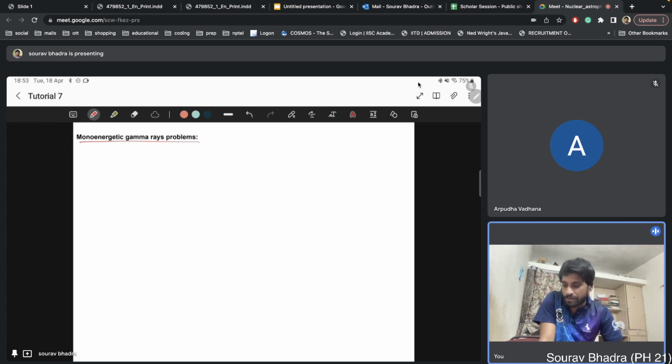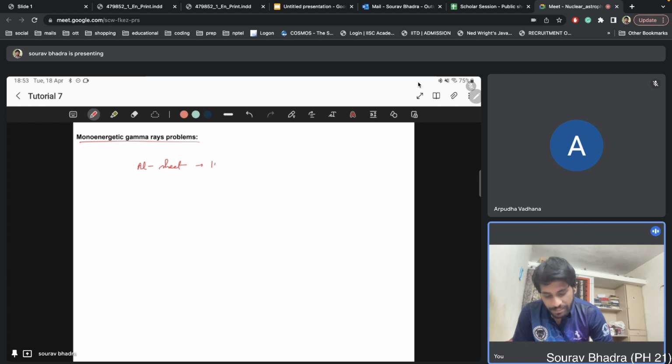Suppose in this problem that monoenergetic gamma rays are going, and suppose there is a reaction that has happened, and we are using a backing material of aluminum. Okay, an aluminum sheet as a backing material, of thickness 10 centimeter.